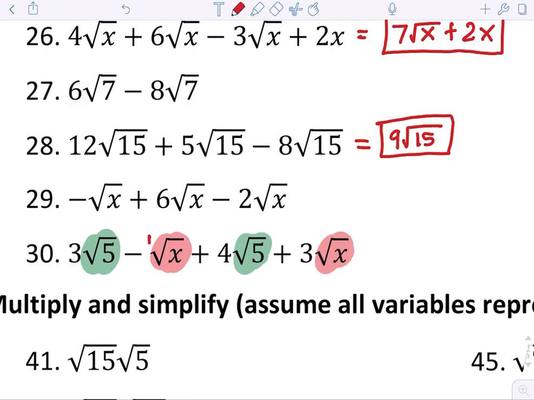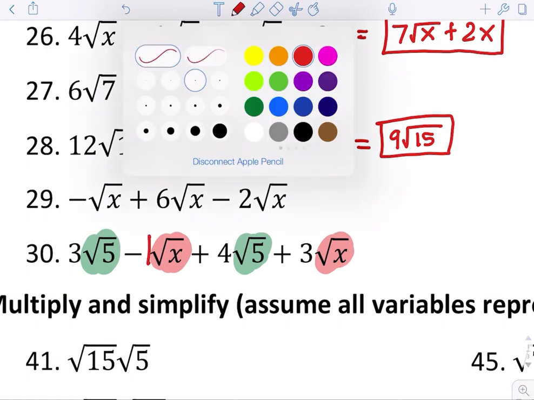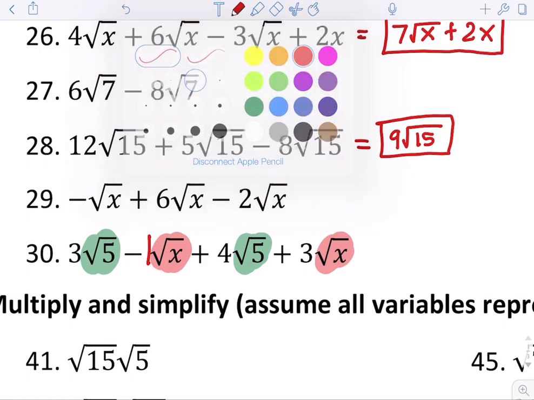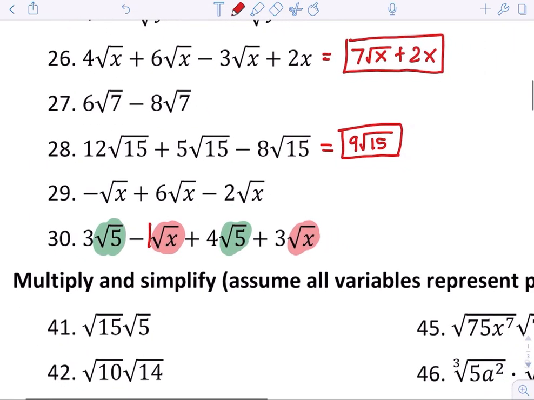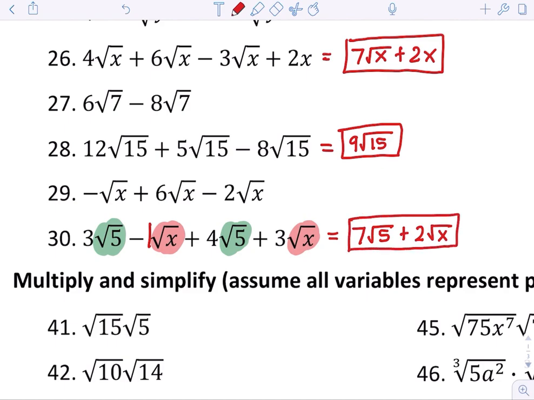And recall, there's a 1 right there, right? So our final answer is going to be, let's look at the green, okay? 3 plus 4, that is 7 square root of 5. And the negative 1 plus the 3, which is 2 radical x. And there we have it.